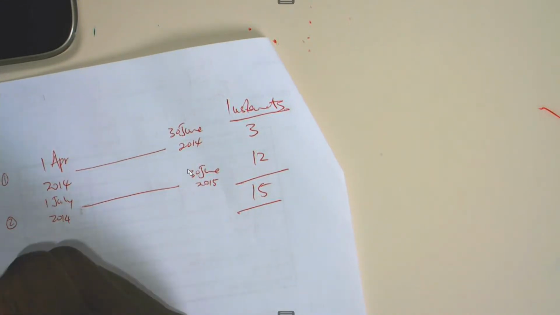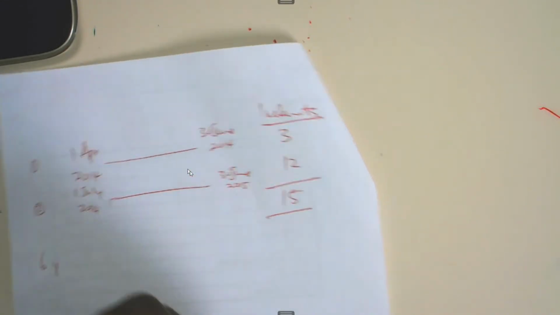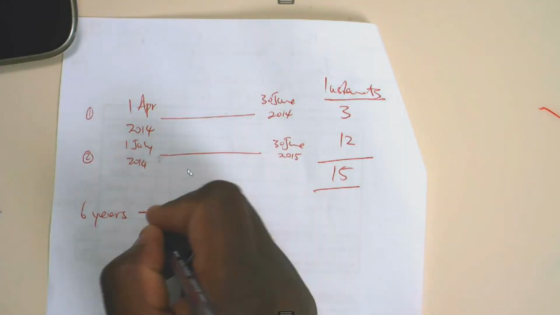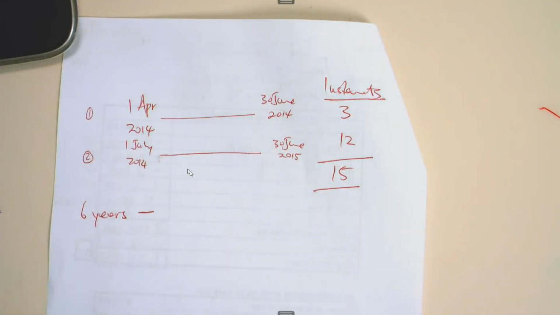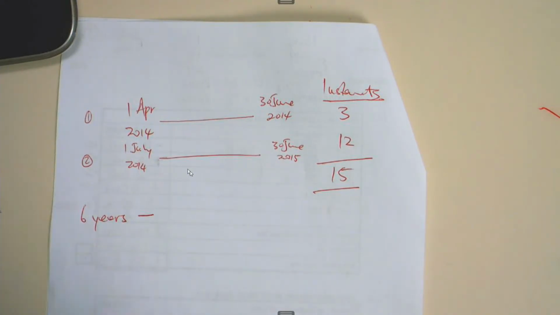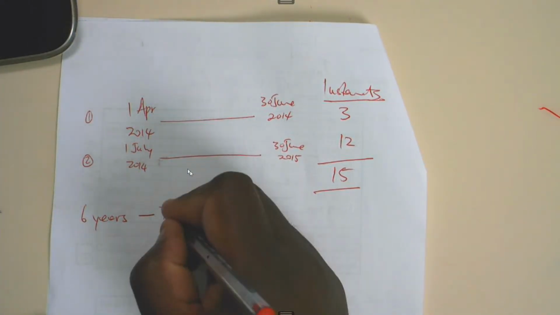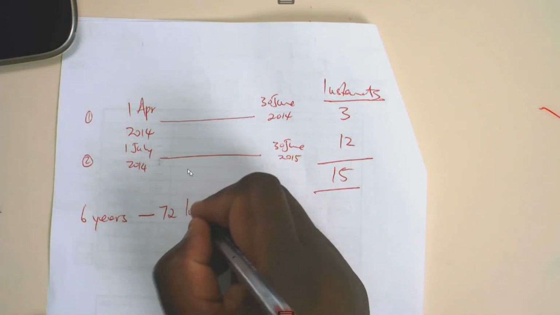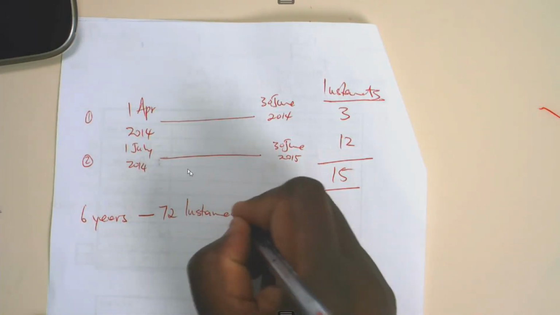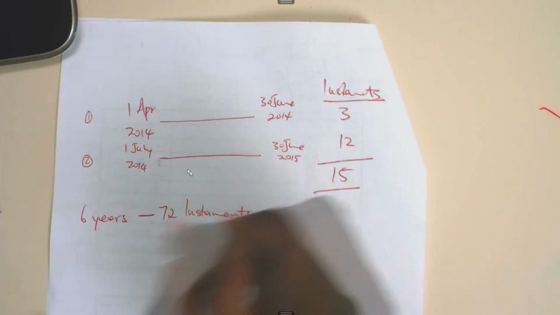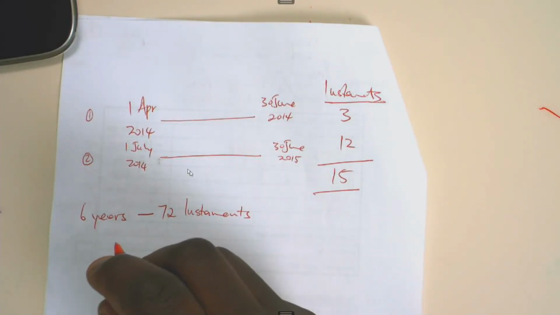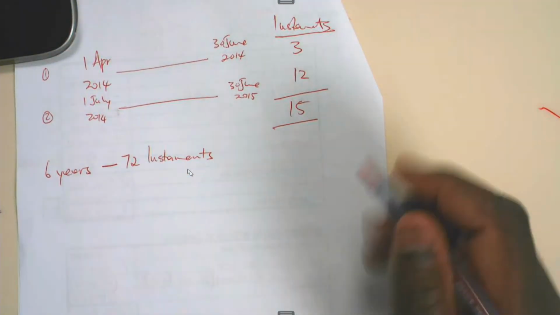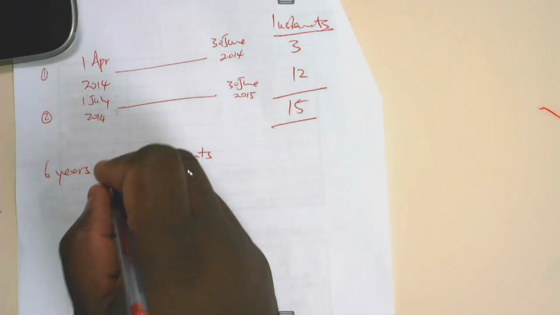Remember, the loan is for 6 years. When you say 6 times 12, you'll find that 6 years equals 72 installments, right? So we already paid 15.